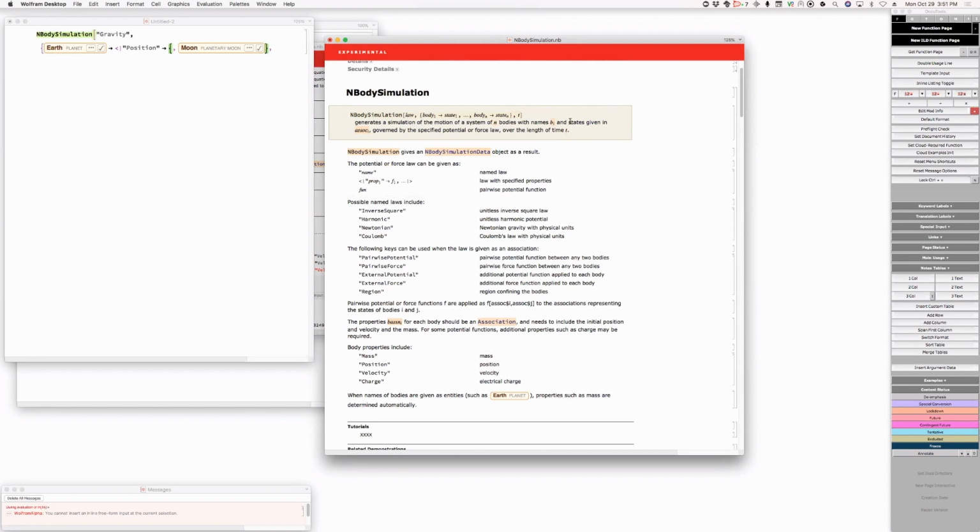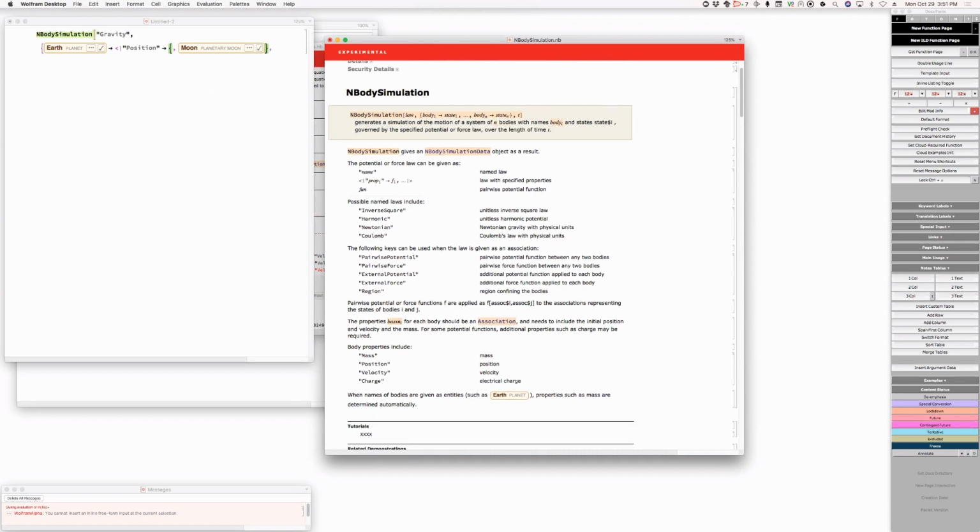Given states, state I, given as associations with names of bodies. You know what? Let's not say that.